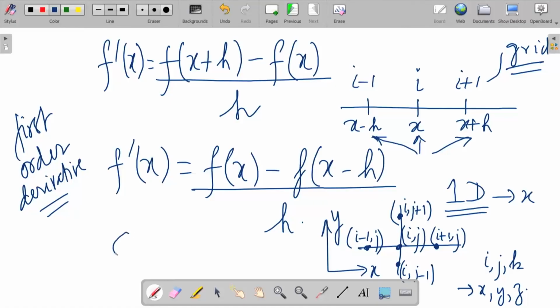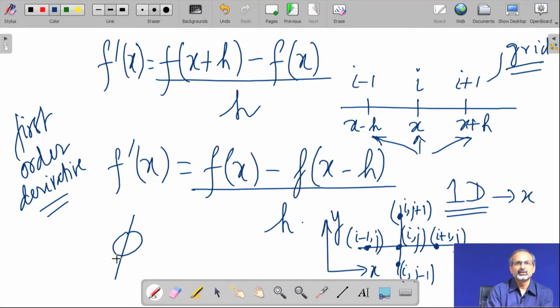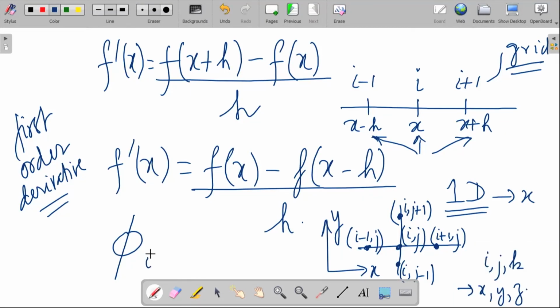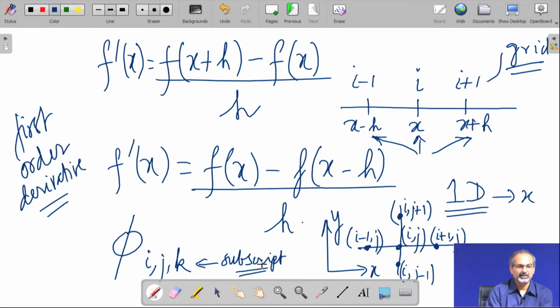Very often when we are talking about solving problems where both space and time are involved and the dependent variable could be something like phi, then the spatial representation of phi would be taken up by using suffixes like I, j, k, or rather subscript would indicate spatial information and superscript to indicate time information.